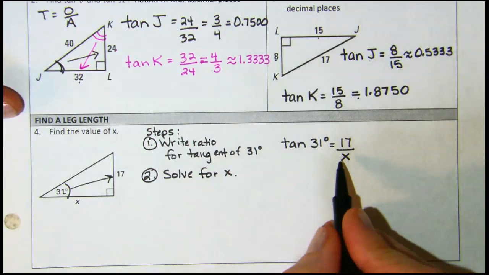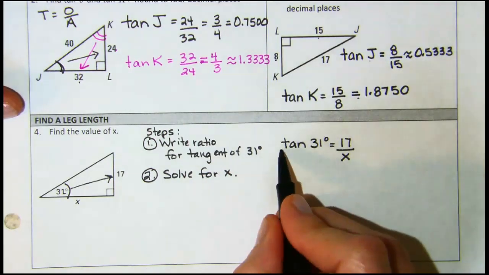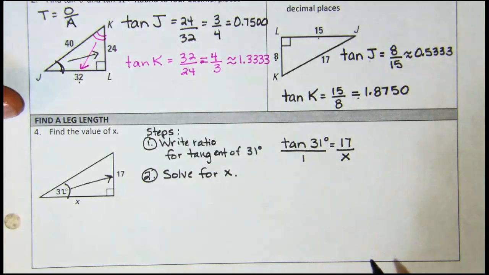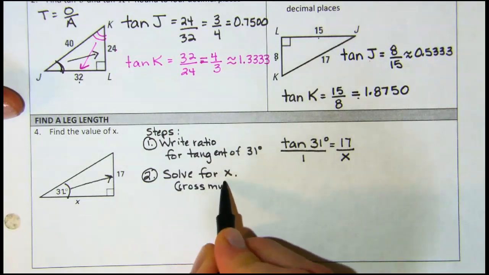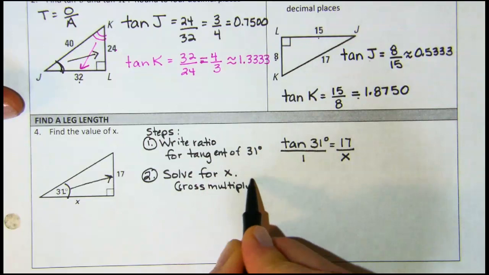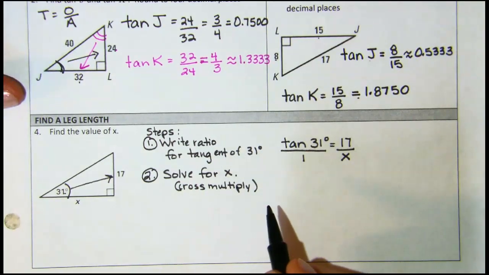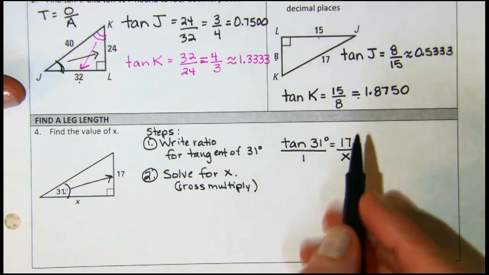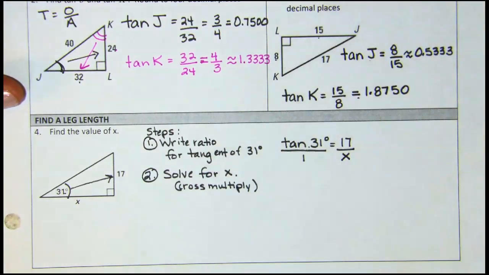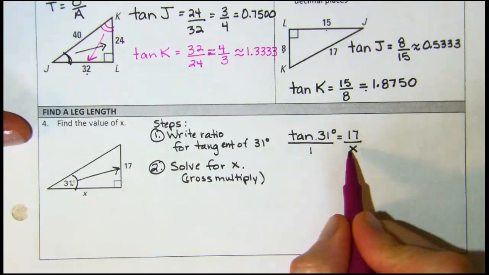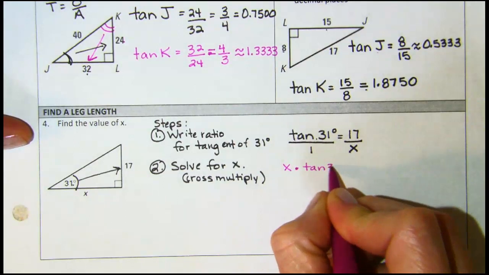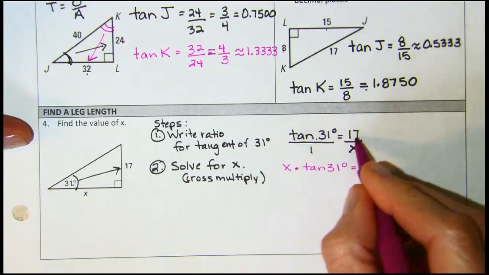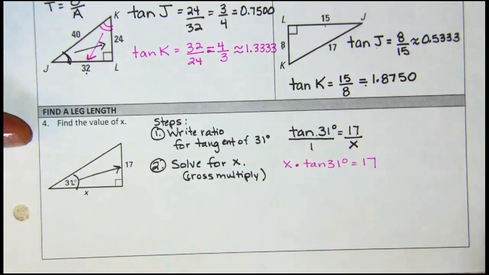Now, if you look at this problem, hopefully you can see you are actually given this little cross multiplication problem. So when I ask you to solve for x, I'm actually just asking you to cross multiply and solve the proportion. Now, I'm going to show work on this because I need you to know what we are doing. If we cross multiply, I am going to first multiply this by x, so x times tangent 31 degrees, and then 1 times 17 will give me this.